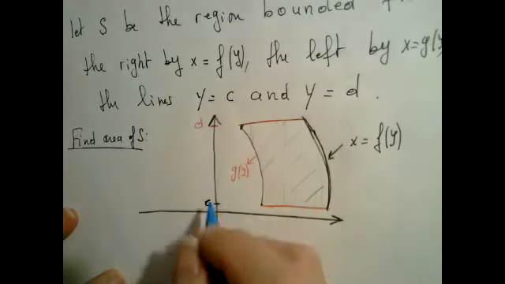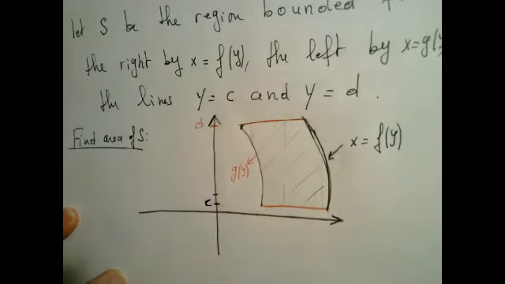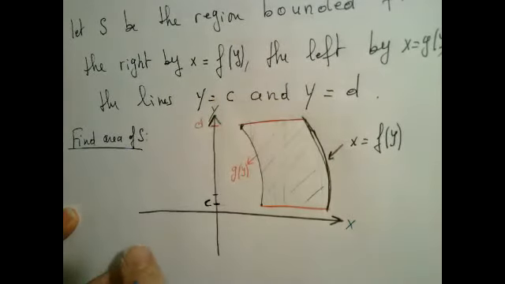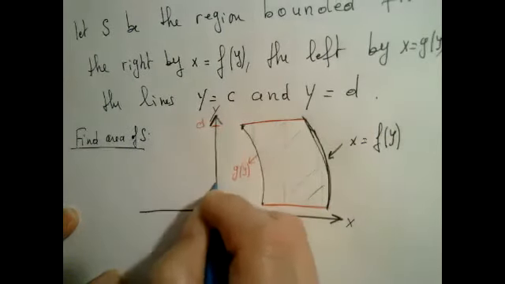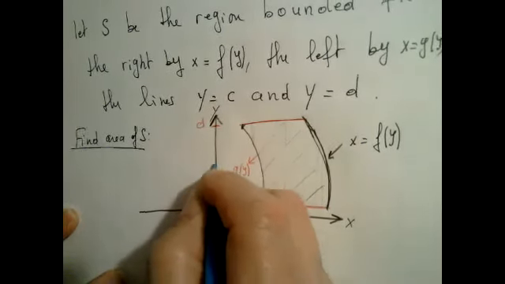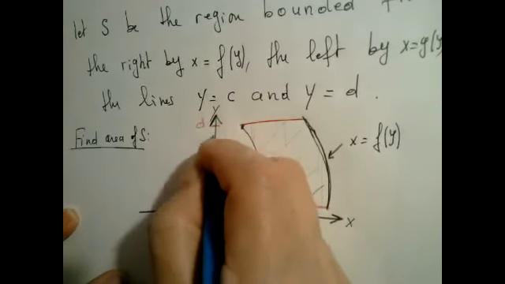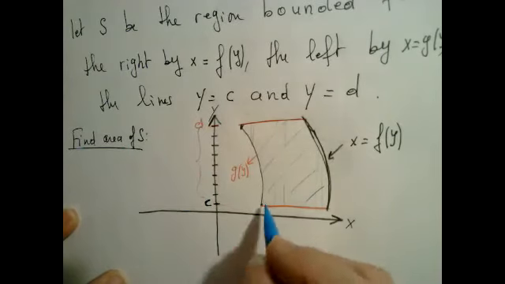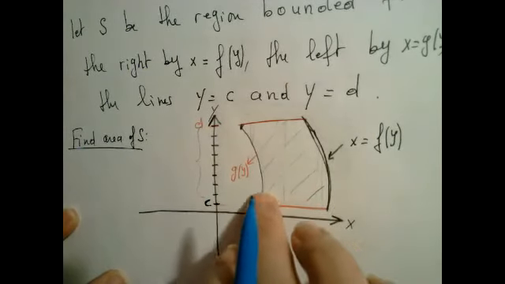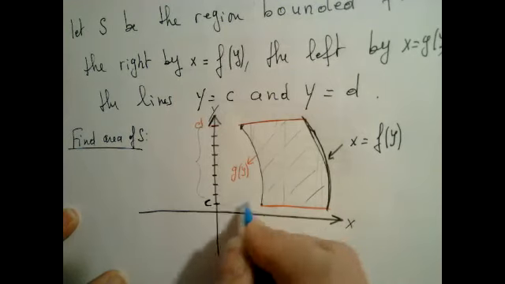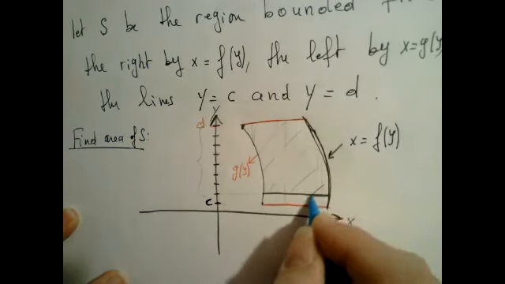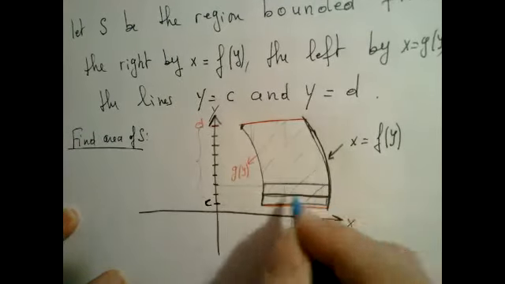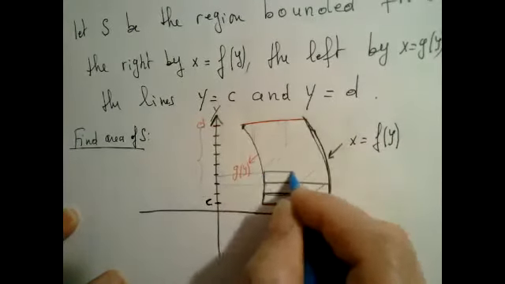It means we will take the interval CD on the y-axis. So what I did for the x-axis, I'm going to do for the y this time. We're going to divide the interval CD into pieces and cover the region with horizontal slices or horizontal rectangles. So my first rectangle is going to be like that. My second rectangle, my third, that's really the idea.